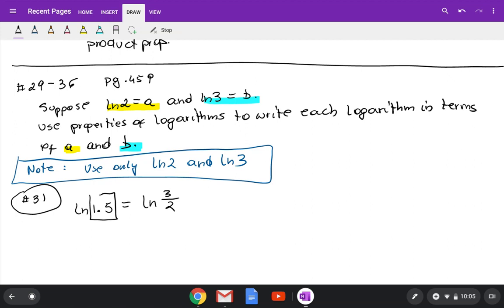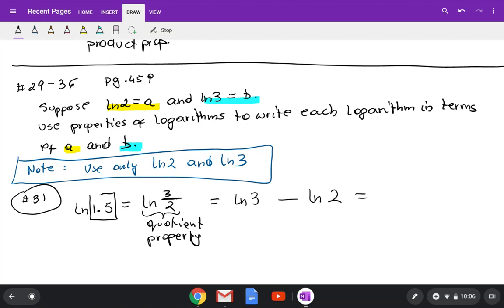Now look what happened. Here we have a fraction, which means quotient, so you can use the quotient property. The log of a quotient is equal to the difference of logs. So you can rewrite that as ln of 3 minus ln of 2. The idea is to convert the given problem by using only ln of 2 and ln of 3.